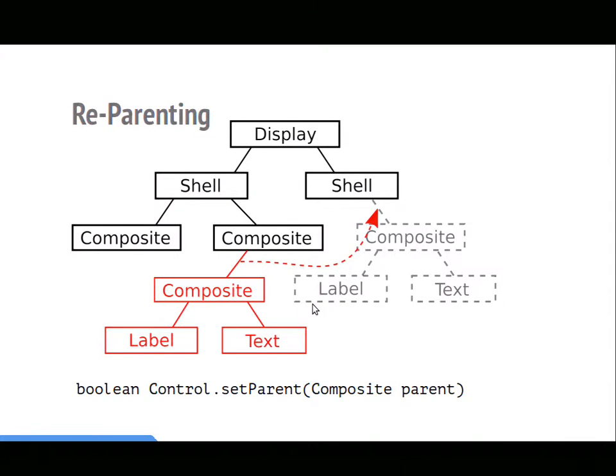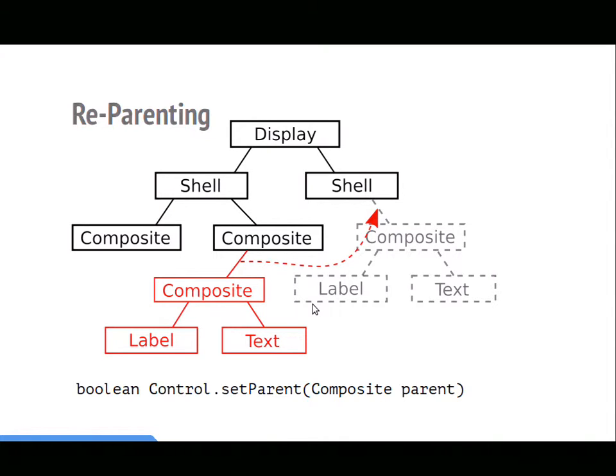Every widget has a parent, and also a shell that it belongs to, and a shell is also a composite. So you can call, like on this red composite, setParent and move it to this other shell.